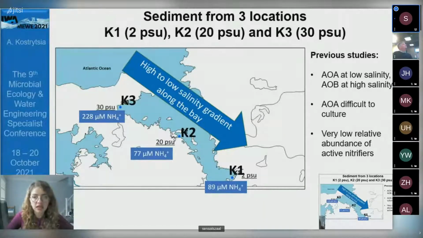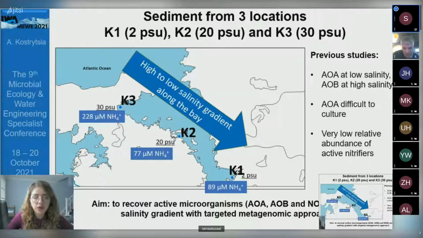In general, there is inconsistency in the literature on who is dominating at which salinity, while AOA are quite hard to culture, and in general, active nitrifiers have quite a low relative abundance. Therefore, the aim of this work is to recover active microorganisms along the salinity gradient with a targeted metagenomic approach.